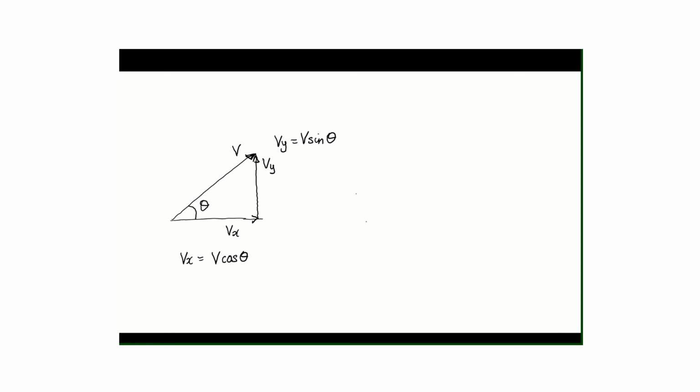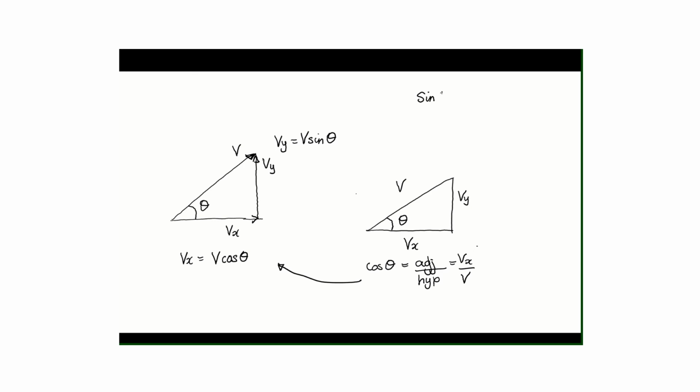You can see this if you draw a triangle: V, Vy, Vx, and this angle being theta. Cos theta equals adjacent over hypotenuse, which is Vx over V, which when rearranged gives us this equation.